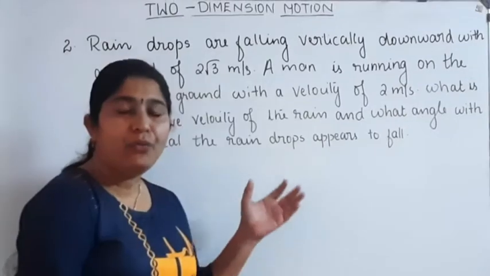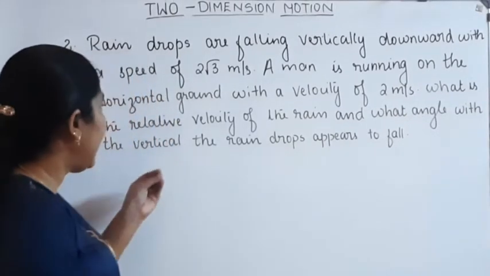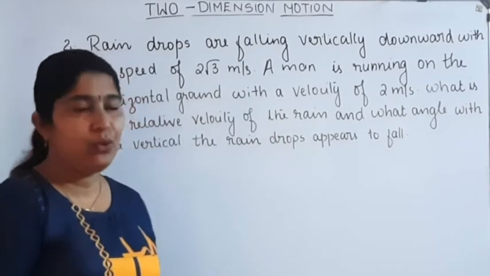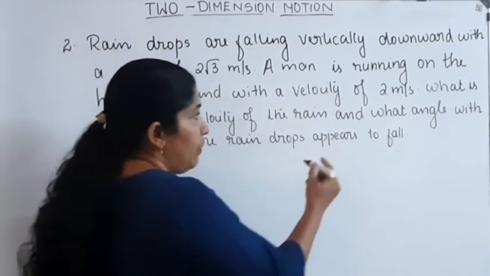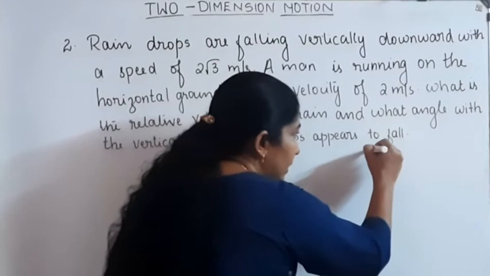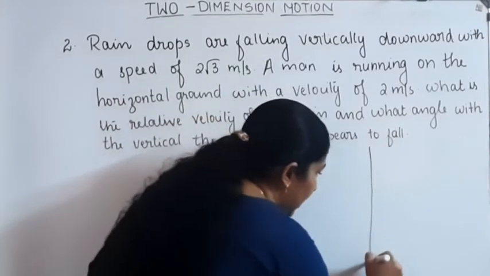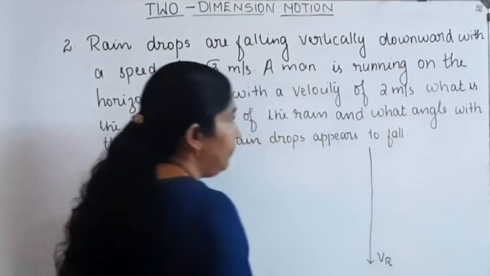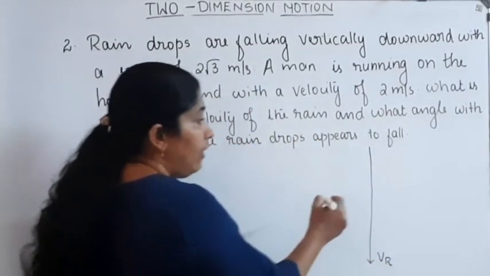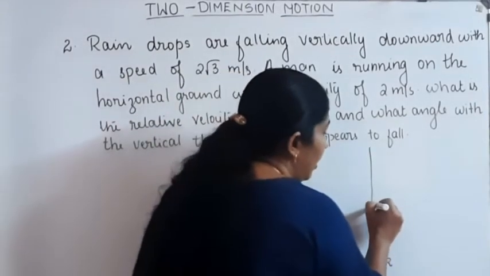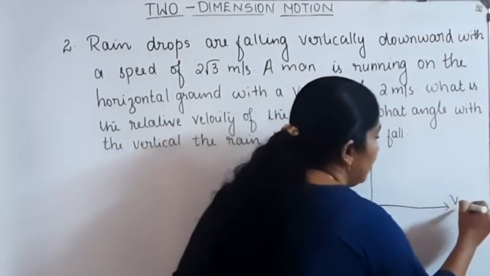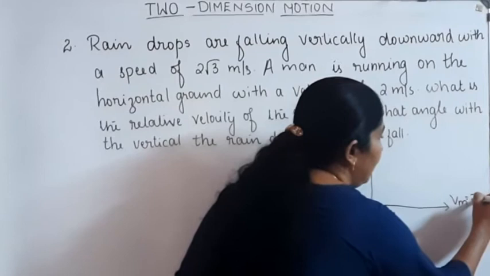Now we want to find out the angle with the vertical at which the raindrop appears to fall. Rain is falling vertically downward, and a man is running horizontally with a speed, velocity of man, equal to 2 meter per second.